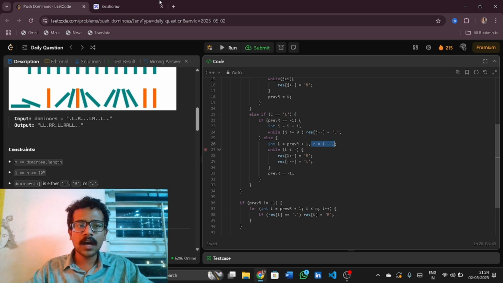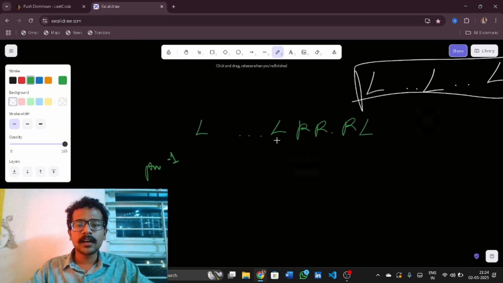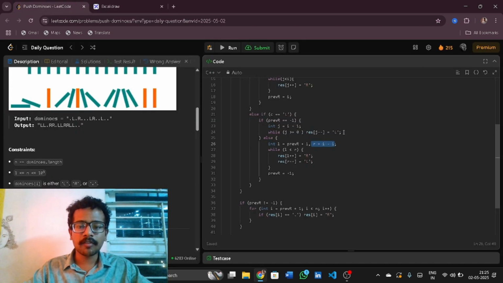So previous R where I got is here, at -1, and plus 1 will be 0. So from here till here, what am I doing? Previous R is equal to -1. From here to here, I'm just changing to L.